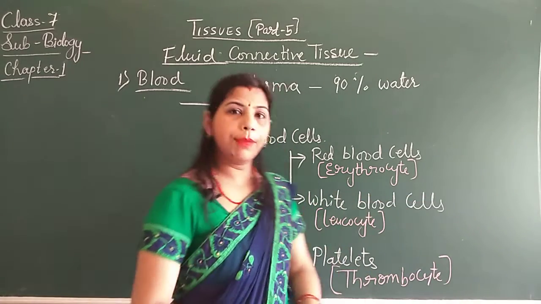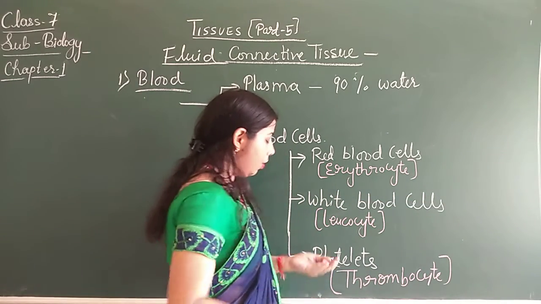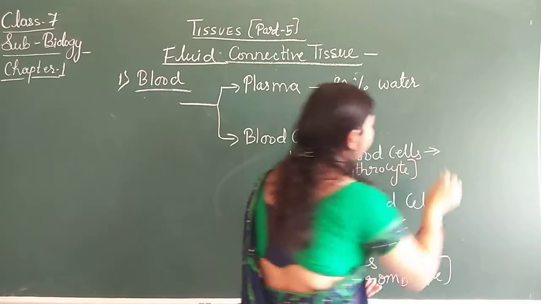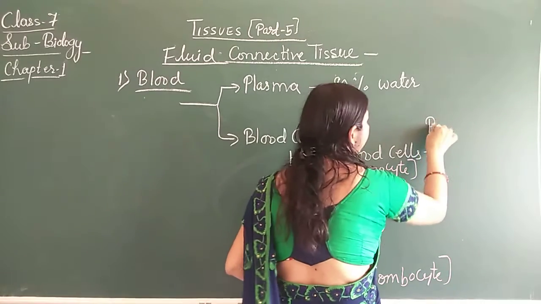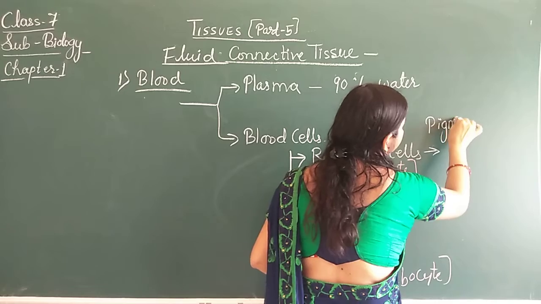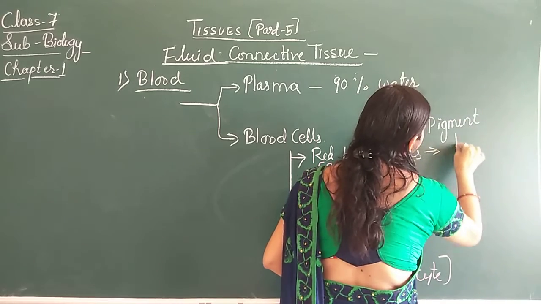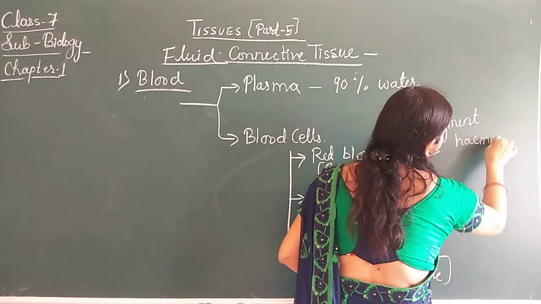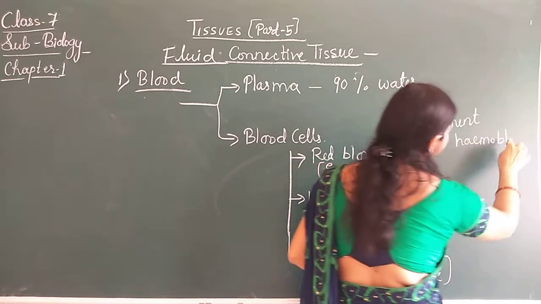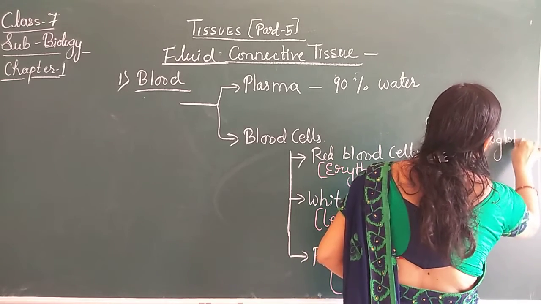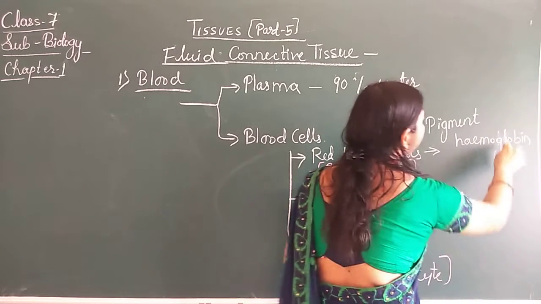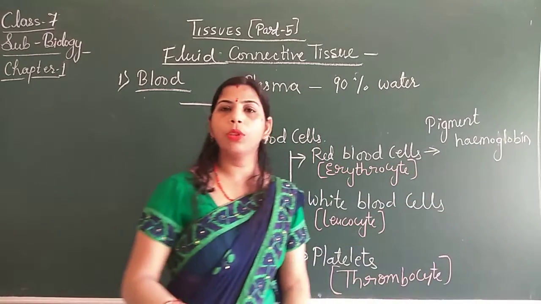These are the different types of cells. Now what is the function of red blood cells? Why are they red? Because they have one pigment known as hemoglobin, and that pigment provides red color to the blood.